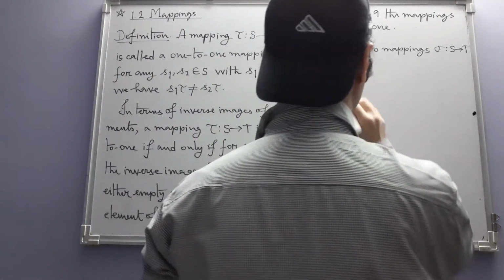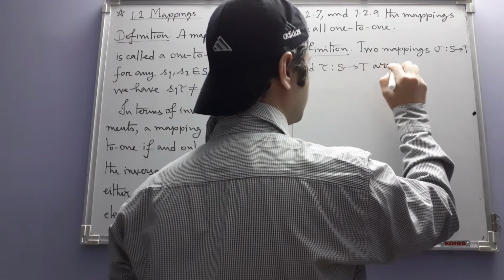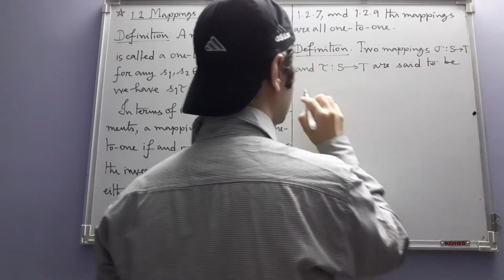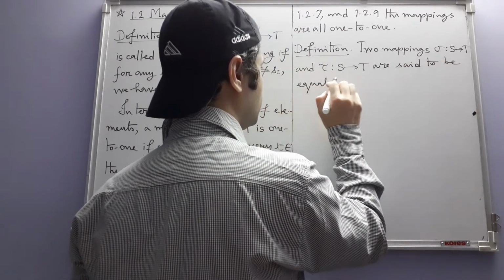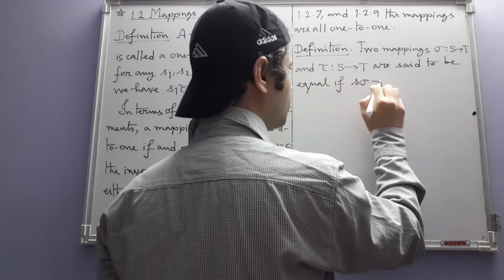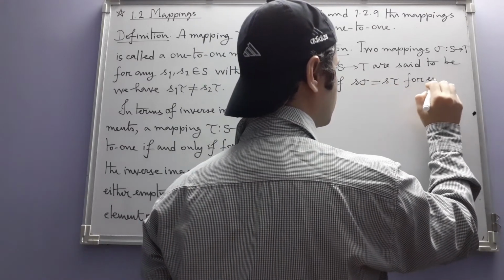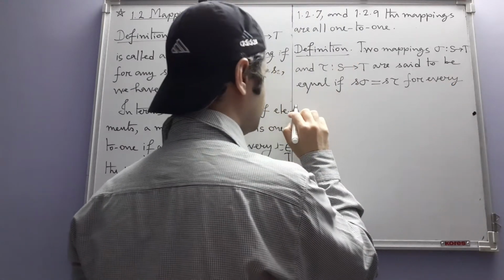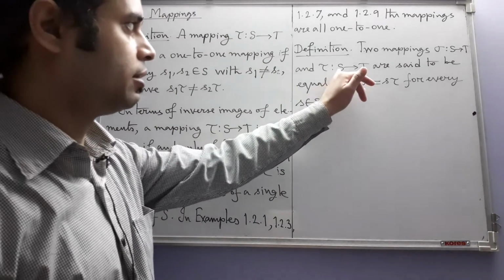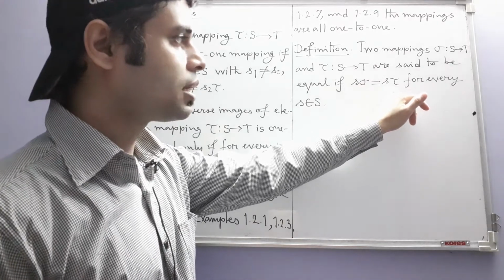But there is more, only this much is not sufficient, and these are said to be equal if S sigma is equal to S tau for every element S in S. That is, not only do they map the same set into the same set, but they preserve the images.